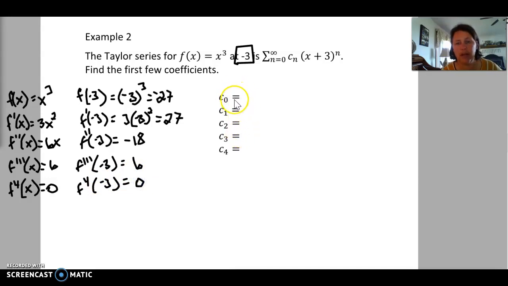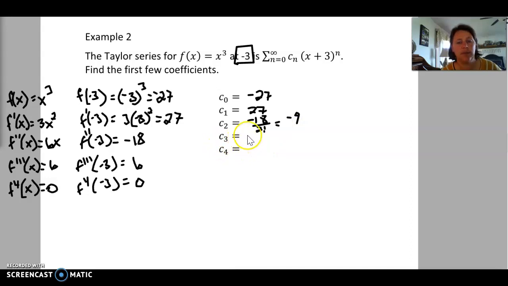Okay, now we can go ahead and find our coefficients. So we'll just need -27 for the c sub 0. C sub 1 is going to be positive 27. Now when we get to c sub 2, now we're going to have to start changing things. So we have -18 over 2 factorial, which is equal to -9.